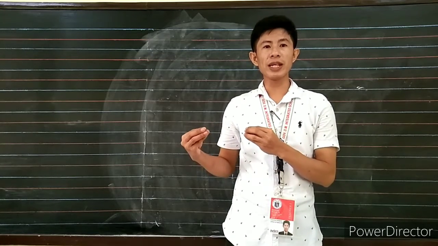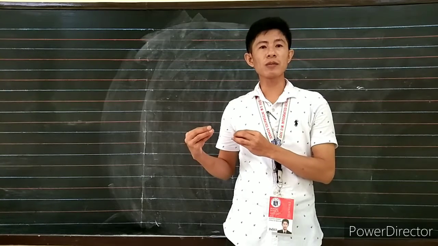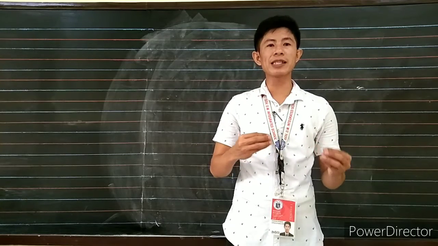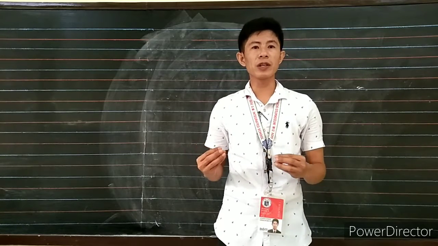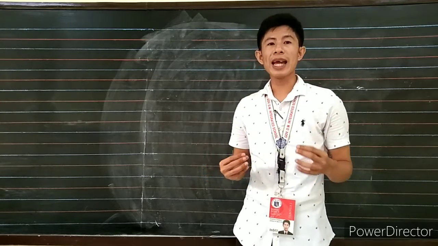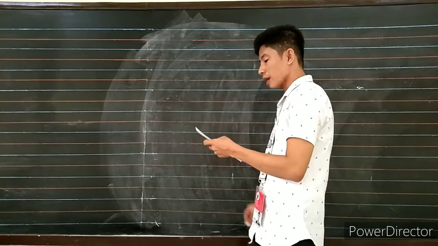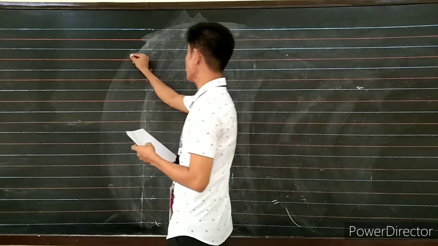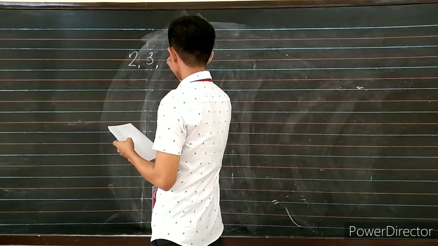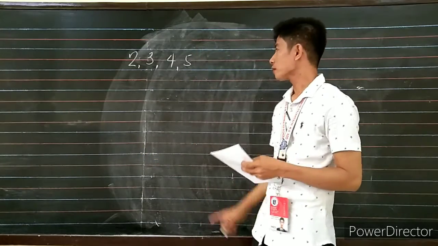The common ratio is the fixed number which is being multiplied to the first term in order to find the second term. I will give you some examples of an arithmetic sequence and geometric sequence. I have here the sequence 2, 3, 4, and 5.